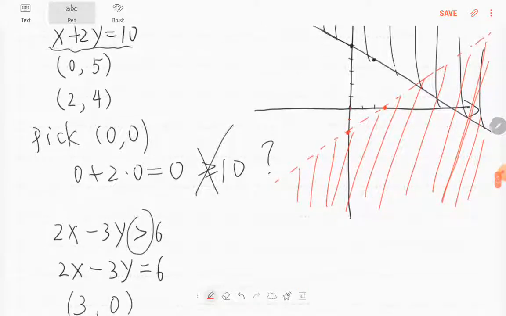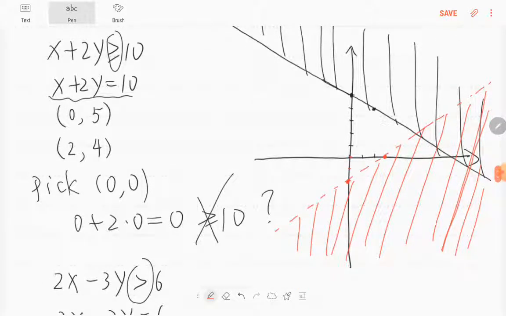Okay, so where is the common part? This is the common part. Use the purple line. One side is solid, the other side is dashed.